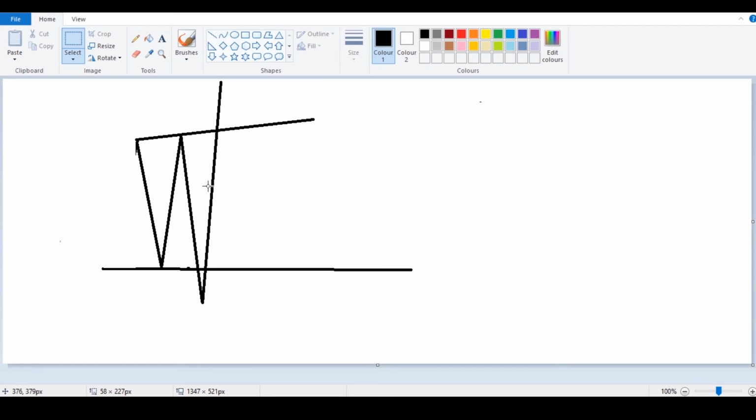Now, once it passes that point, when you join the two peaks, if it passes that point, this is now the neckline for a double bottom, and you need to trade it accordingly.